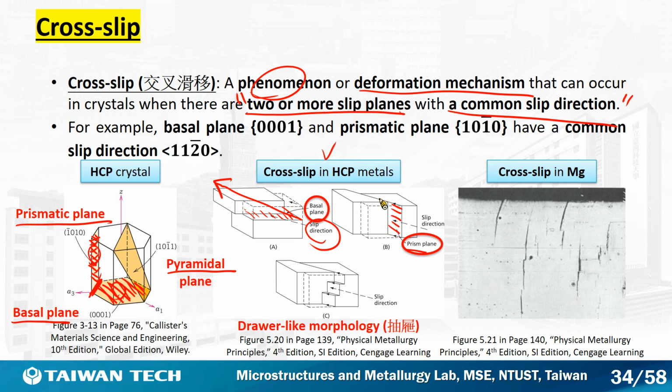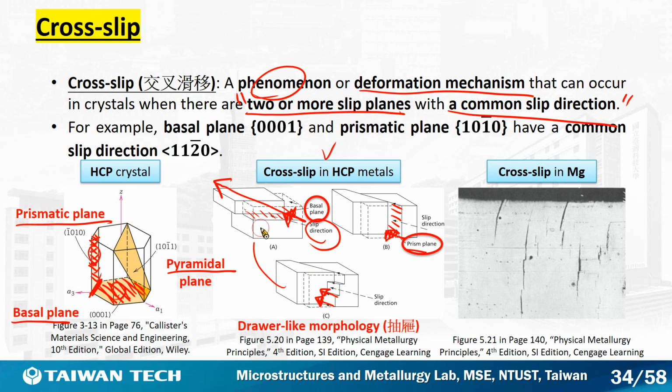Both of these two share the same slip direction, right? So as a combination of these two, we may see the deformation mechanism like this one. It can deform like this in these directions.